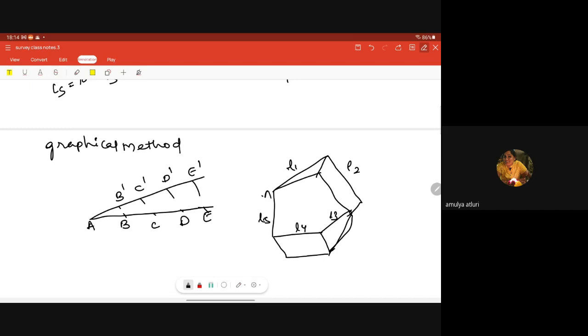You can see A hasn't changed, B to B dash, C to C dash. So this is D, D to D dash, C to C dash, B to B dash. This is graphical method, graphical representation.